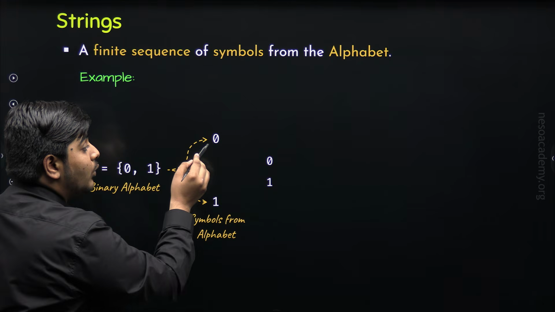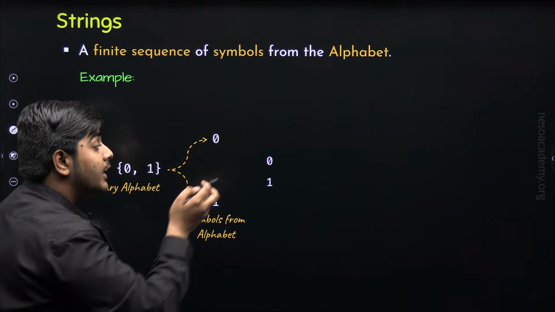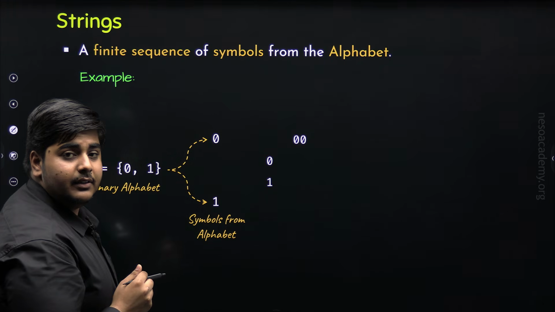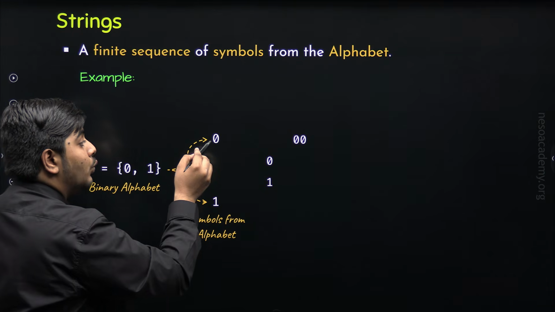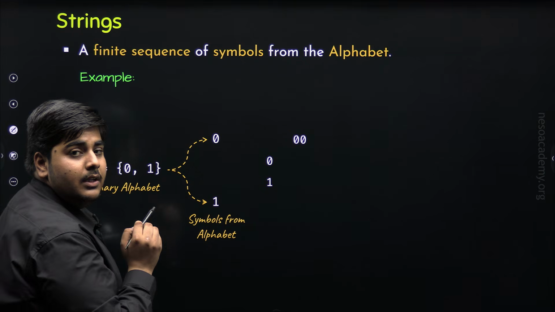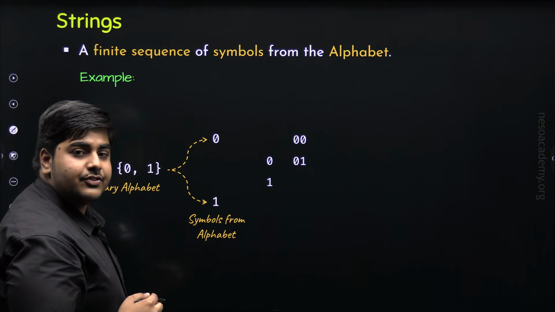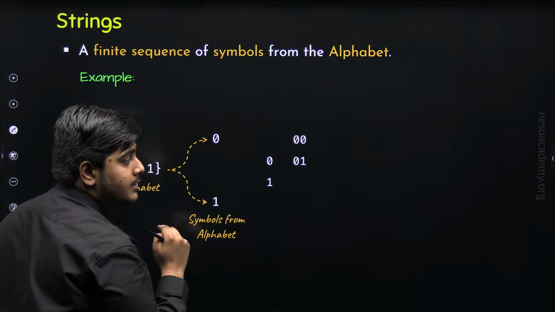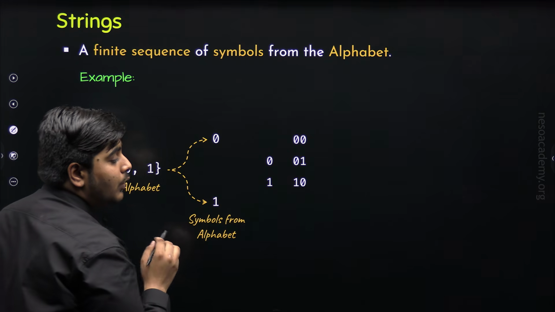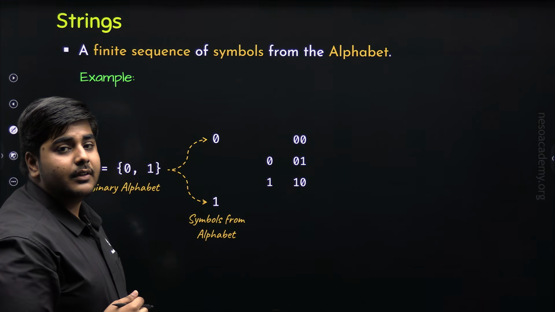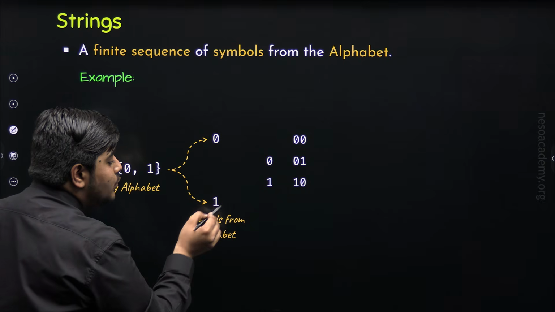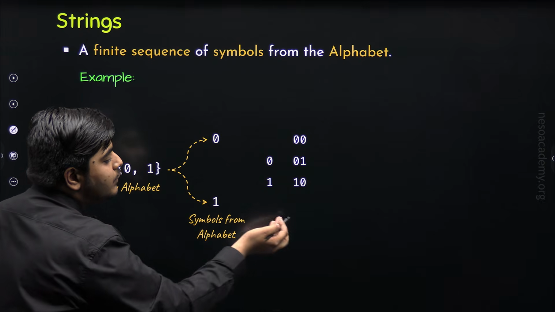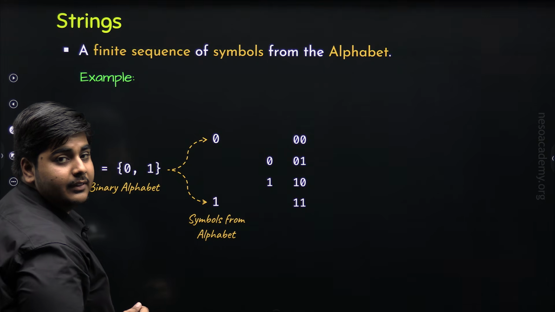If I take this 0 two times, this will also be a valid string. And if I take 0 1 and 1 1, these will also form valid strings. And if I reverse the order of these two symbols, I will get 1 0, which will also be a valid string. And if I take this 1 two times, this will also generate a valid string.